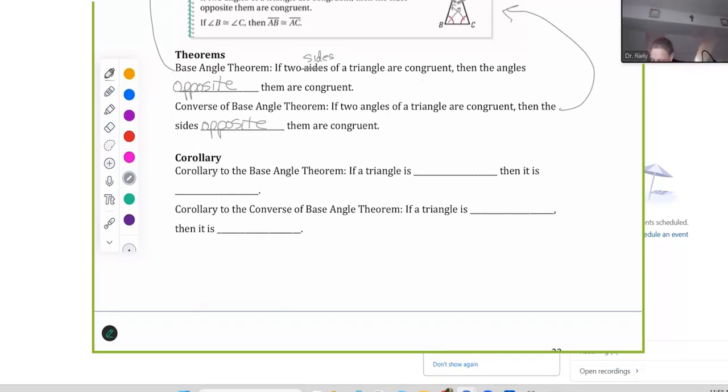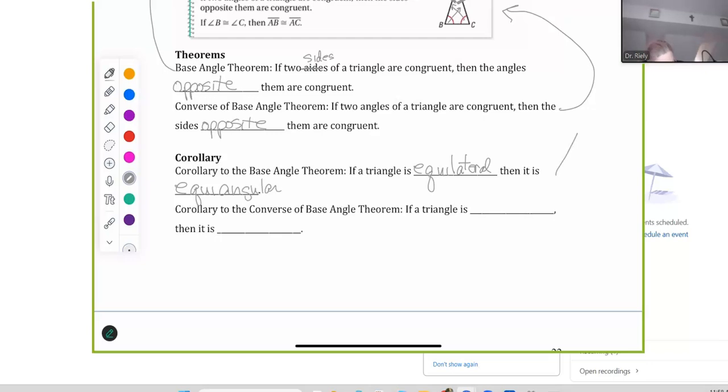Corollary, if a triangle is equilateral, then it is equiangular. What does that look like?